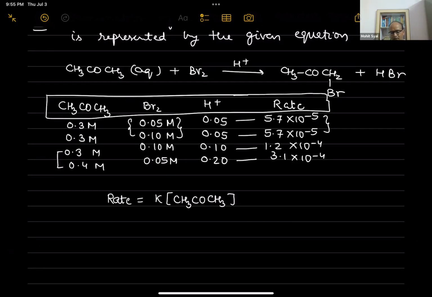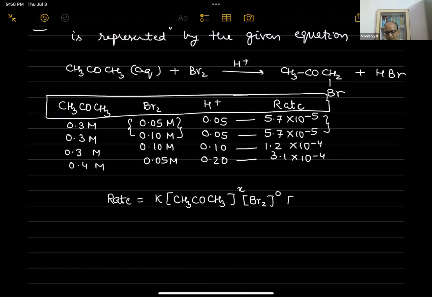Take a set of data where everything else is same and the other things are changing. Let it be x and y. For Br2 we already figured out that it is going to be 0. It is not going to affect, so the order is 0 with respect to Br2, but not the overall order.